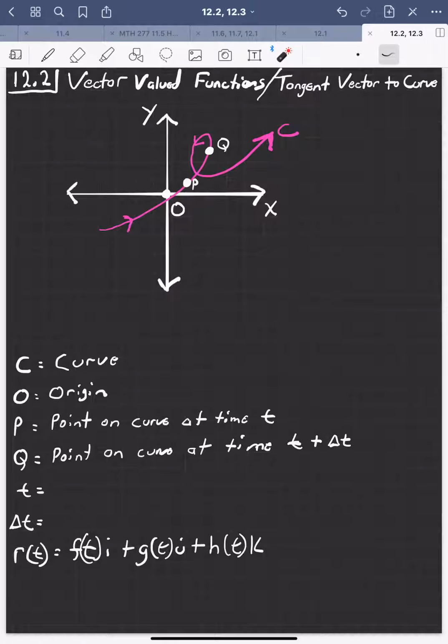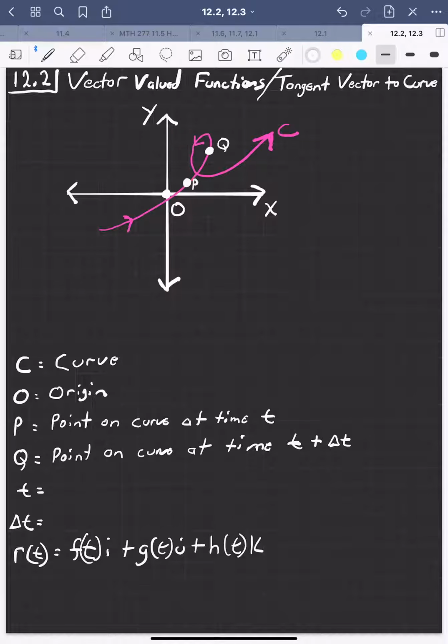But if you start to ask questions like, I wonder how fast that meteor is moving at point P. Well, now you're starting to ask a more advanced question, right? And this is definitely a question for calculus. So how do we get there?